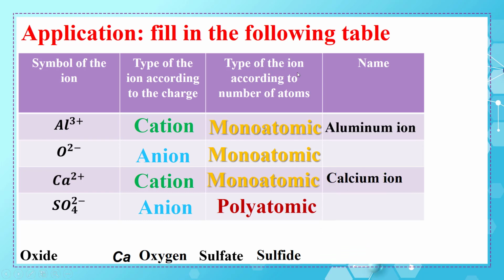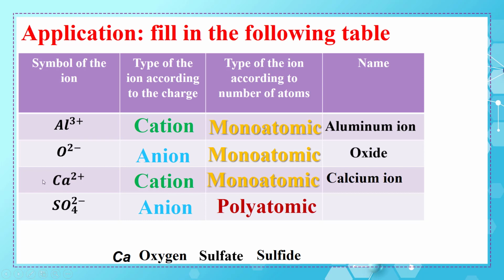The name of each ion. What do we call Al3+, which is a monoatomic cation? We have said that we put the name of the atom and we add the word ion, so it becomes aluminum ion. Here I have a monoatomic anion. Don't forget to add the IDE to become oxide.